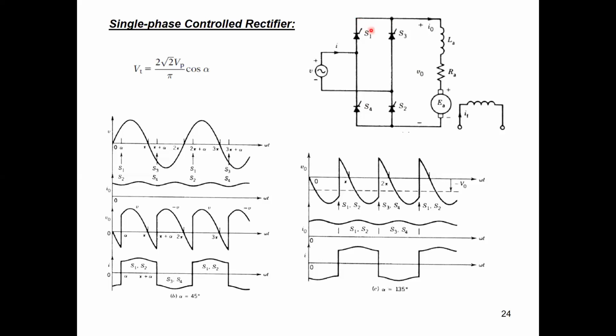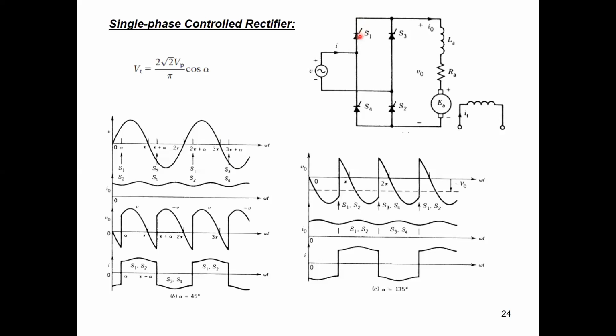So for each thyristor, we apply a firing signal between the gate terminal and the cathode terminal. So we need 4 circuits just for the firing angles.